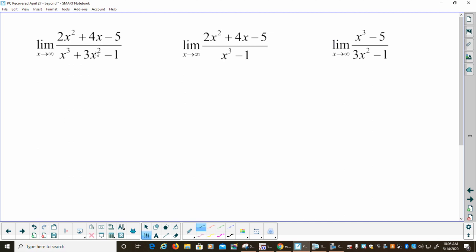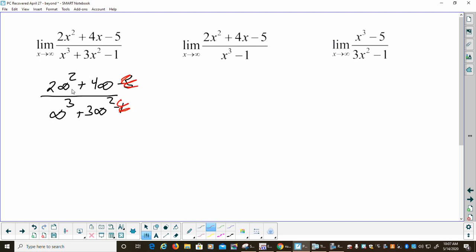Take these and fill them in. So you've got 2 times infinity squared plus 4 times infinity minus 5 over infinity cubed plus 3 times infinity squared minus 1. As you've been seeing, these numbers just cancel out, not up and down, you're comparing them. 4 times infinity compared to 2 times infinity squared, gone. 3 times infinity squared compared to infinity cubed, this is gone.